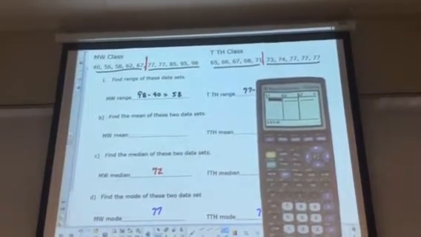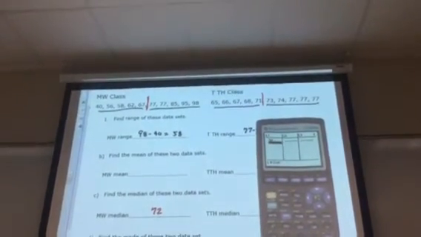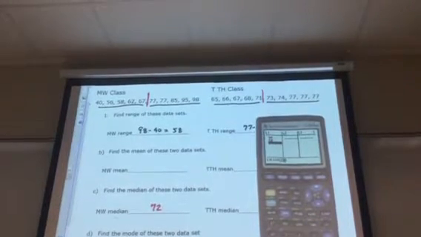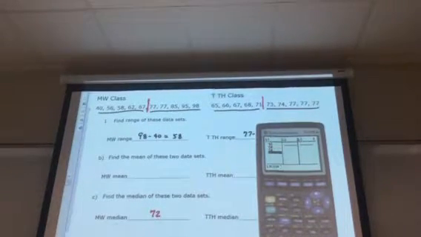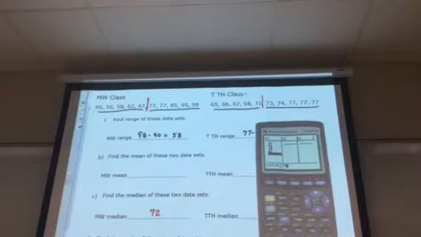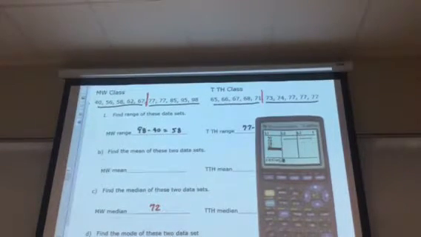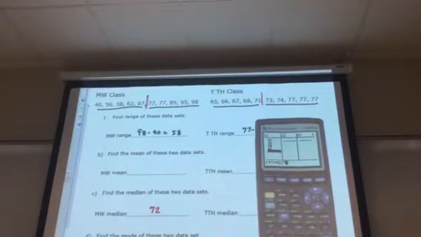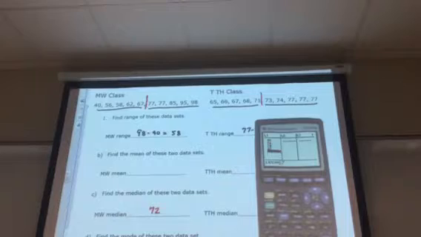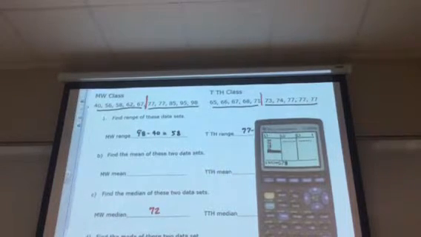Okay, so now it's just typing. Can you put a comma in there while you're typing it? Not in this list. If I do it from the home screen, I separate everything with a comma, whereas on this list, I separate everything with an enter key. Okay? It's just a difference of approach to the problem.